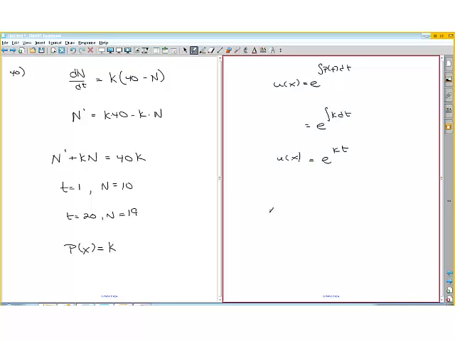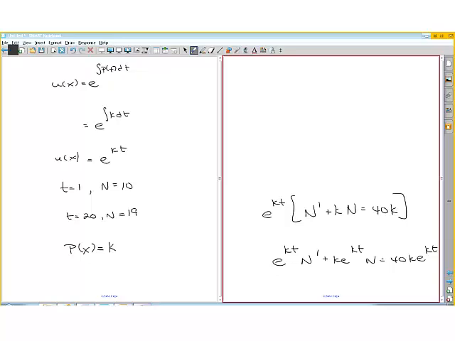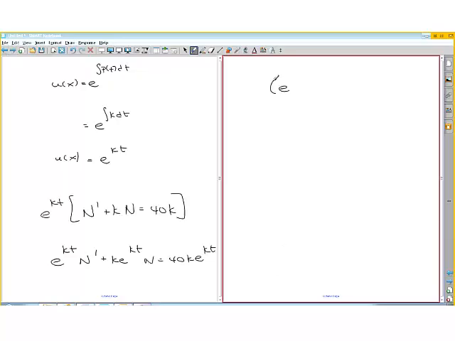Take your differential equation over here, multiply the whole differential equation by the integrating factor. So we get e to the kt N prime plus k e to the kt times N is equal to 40k e to the kt. Collapse that down: e to the kt times N, whole thing prime, equals 40k e to the kt.